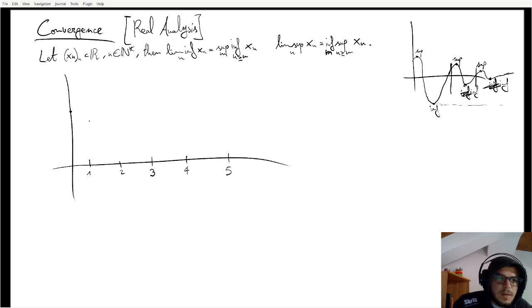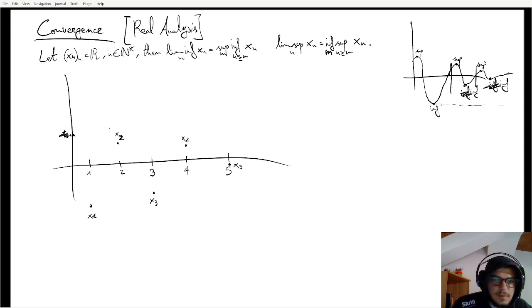And let's consider this sequence here. So this is x1, x2, x3, x4, and x5.